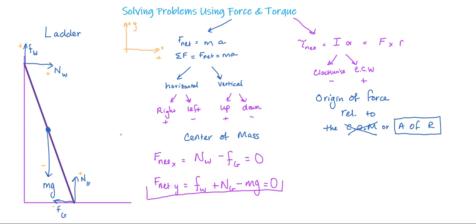Well, you come to your picture, and in order to decide if they're going to cause this thing to rotate clockwise or counterclockwise, I first and foremost have to identify an axis of rotation. If you don't identify an axis of rotation, then the problem is stuck and you'd have to figure something else out. So the way that you identify the axis of rotation depends on 2 things.